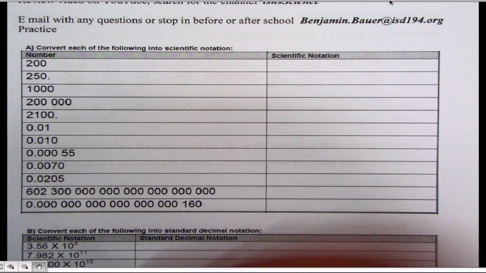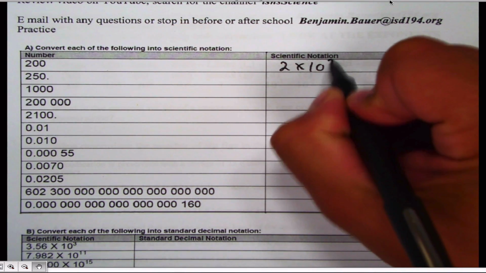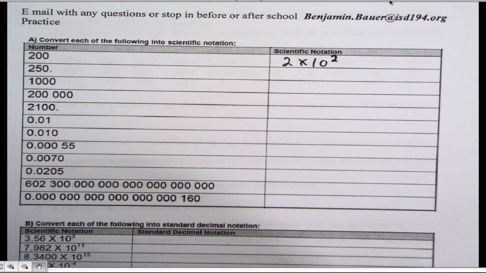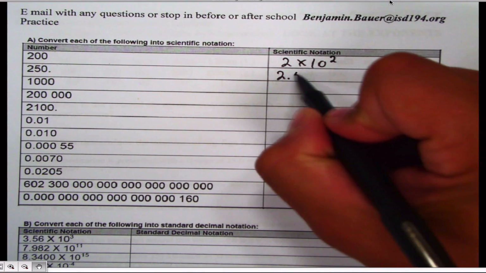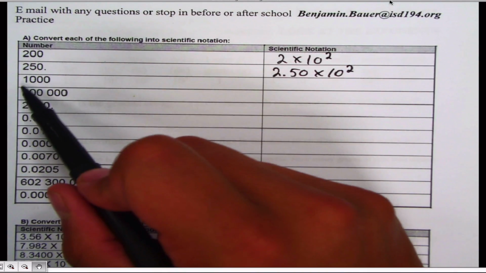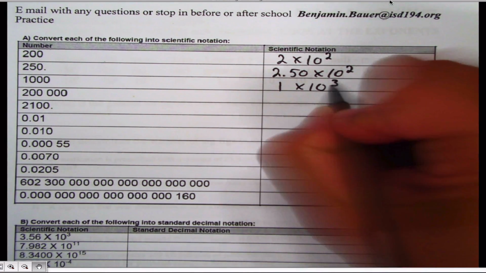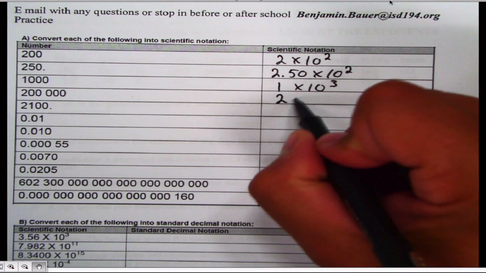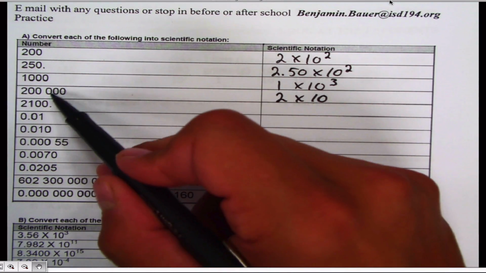200 in scientific notation would be 2 times 10 to the second. 250 with a decimal place, 3 significant figures: 2.50 times 10 to the second. 1,000, 1 significant figure: 1 times 10 to the third. 200,000, no decimals: 2 times 10 to the, 1, 2, 3, 4, 5.